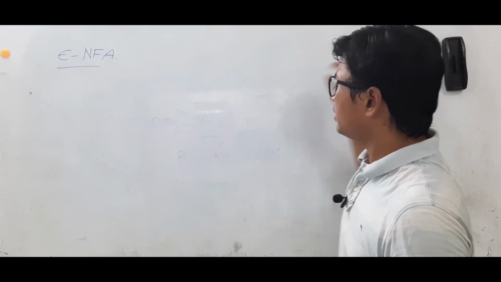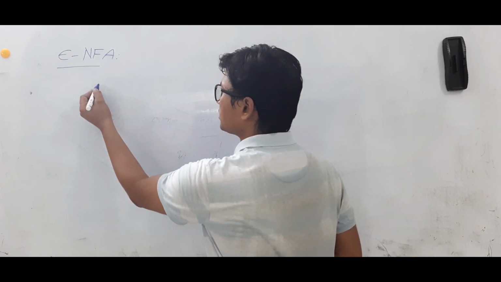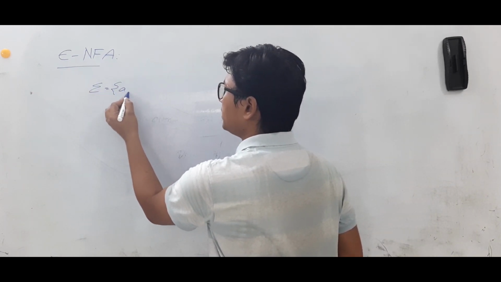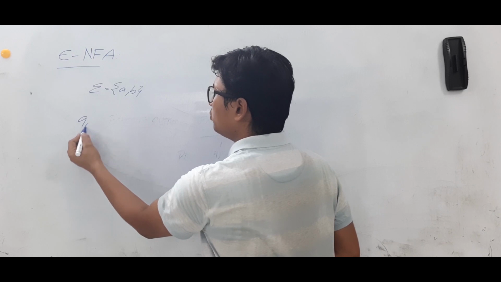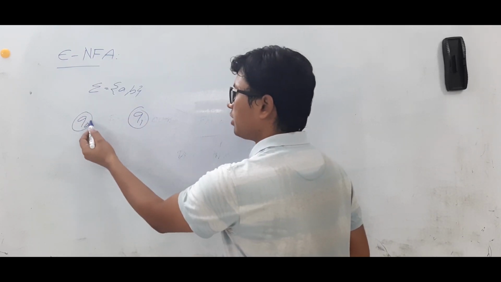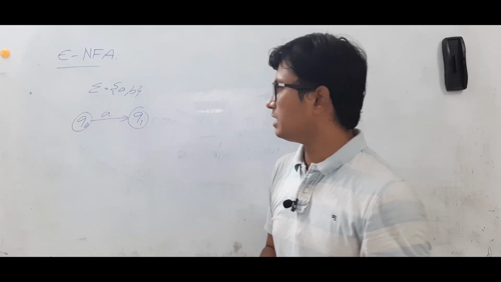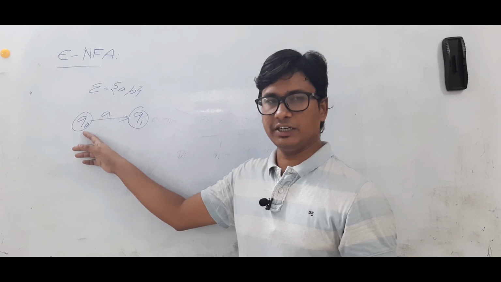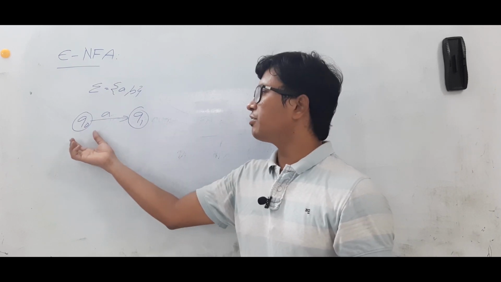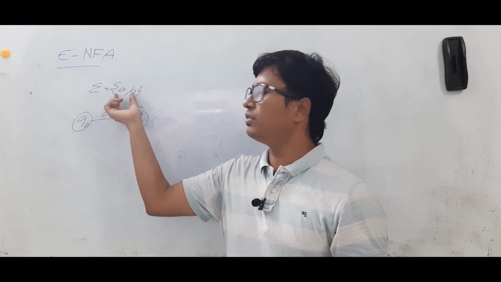Now in an NFA or DFA, from any state, let's take that I have alphabets A, B. If I want to move from one state to another state, either I need the help of the alphabet A or the alphabet B. Meaning, from any state, it can be the initial state or any state, if you want to go to another state, you need the help of the alphabets.